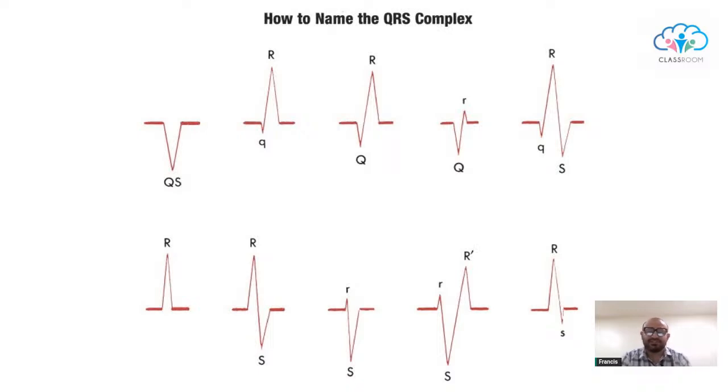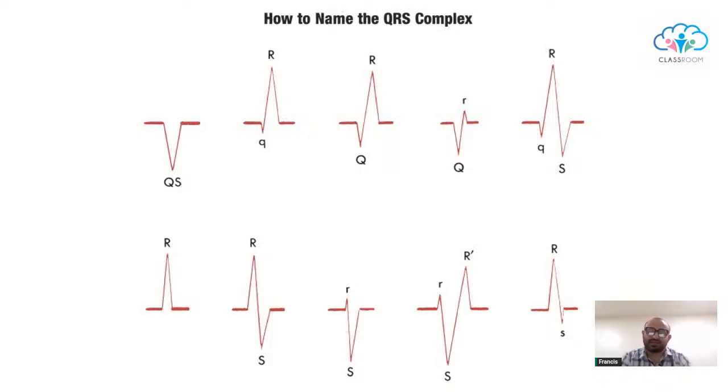These are different morphologies of the QRS complex that you might see in any given ECG. The first negative deflection is always designated Q, and therefore, if there is only a negative deflection, then it is designated QS.